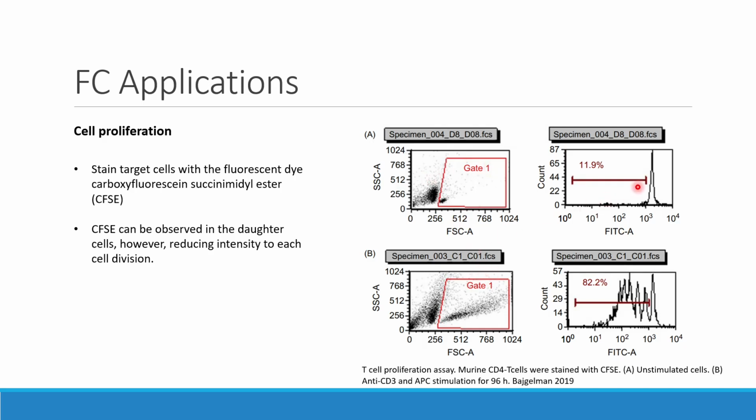The signal is a sharp peak in the histogram. Stimulating these T cells in the presence of CD3 and CD28 antibodies induces cell proliferation characterized by the appearance of 5 additional peaks that exhibit different intensities of CFSE as a function of cell division.